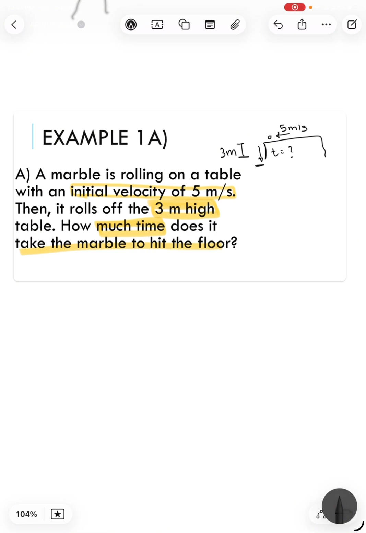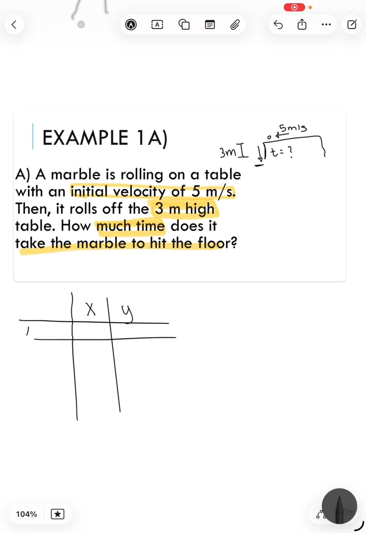All right, let's make a table. This table will help you in most cases during any test or activity you may be doing when it comes to motion or projectile motion in 2 dimensions. So we have our x and our y direction.